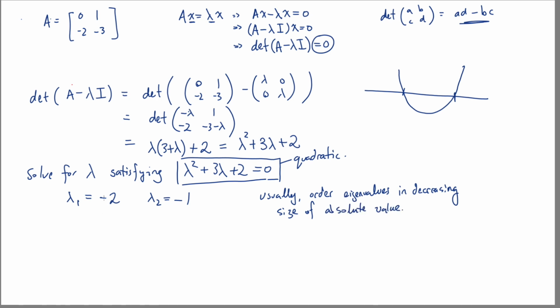Okay, so negative 2, absolute value is 2, negative 1, absolute value is 1, so 2 is bigger than 1. So we take the bigger one to be the first eigenvalue, okay, and we take the smaller one to be the second eigenvalue. So that's pretty important for our purposes. We need to keep this in mind. And we have the eigenvalues. We need to find the eigenvectors.